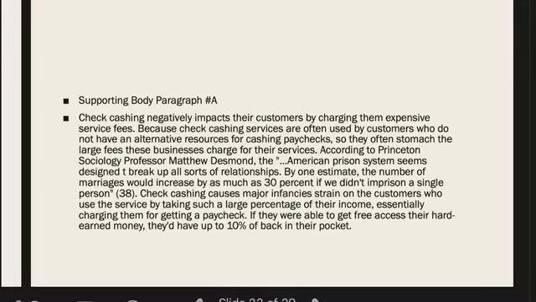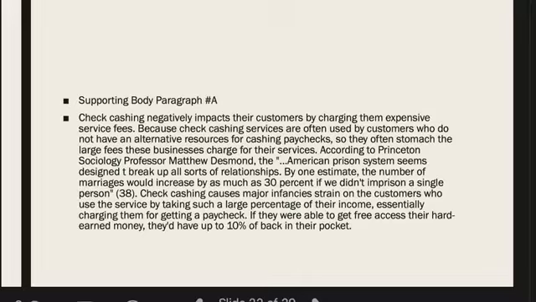According to Princeton sociology professor Matthew Desmond, the, quote, American prison system seems designed to break up all sorts of relationships. By one estimate, the number of marriages would increase by as much as 30% if we didn't imprison a single person, unquote, citation.